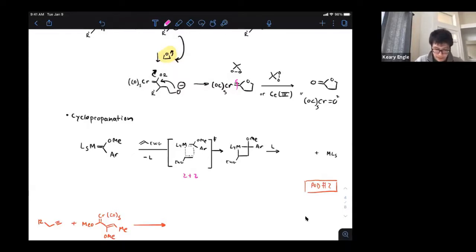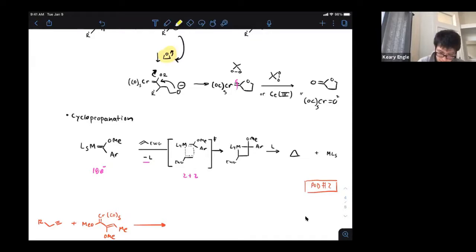I should note that as drawn here, I haven't defined the metal, but I'm implying this is an 18 electron complex, so the first step needs to be ligand loss to associate the alkene, then 2+2, and then, well, I've given it away with the title here, so I'll just draw the product, which is C-C reductive elimination.